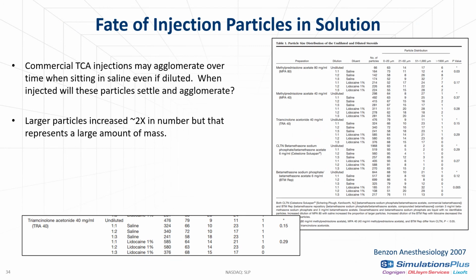We also considered an alternate explanation for the profiles that we observed. From the literature, we found that commercial TCA injections can agglomerate over time while they're sitting in saline, even if they're diluted. So we wanted to explore whether this agglomeration process could be causing the results that we see in vivo.